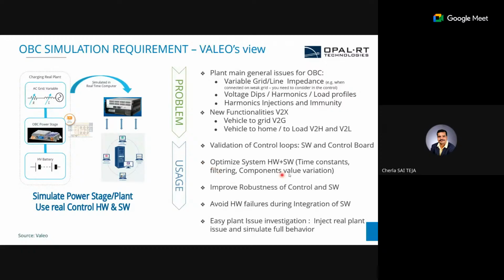So the component value variation is for when the pulse is high and the switch is closed, but you want to open the switch at that instant. What we can do is create a scenario wherein during the on time, we make the resistance very high, so that even though the pulse is high, the switch will be open, or vice versa.